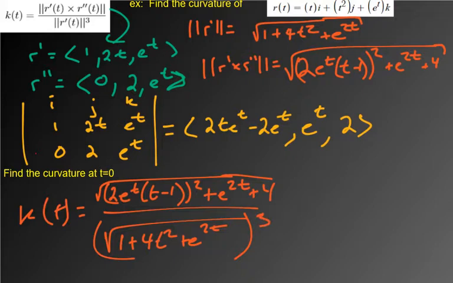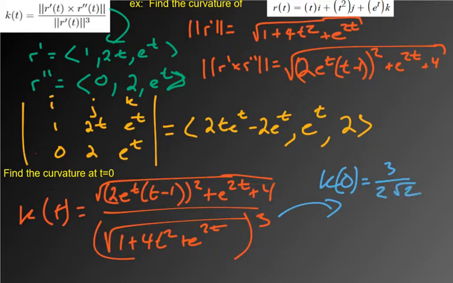Okay? This is just some big messy thing, but if you plug in 0, it actually works out fairly nice. If you evaluate this at 0, you're going to get k of 0 is 3 over 2 root 2.